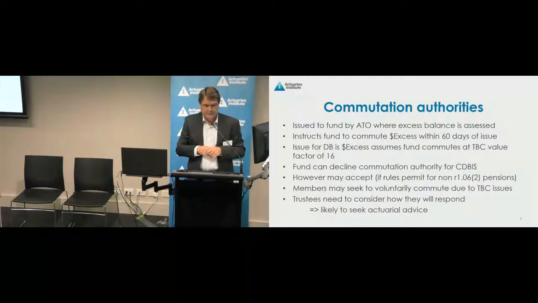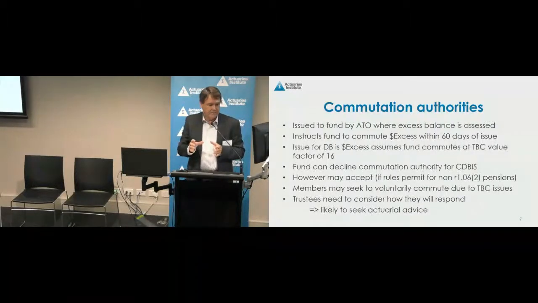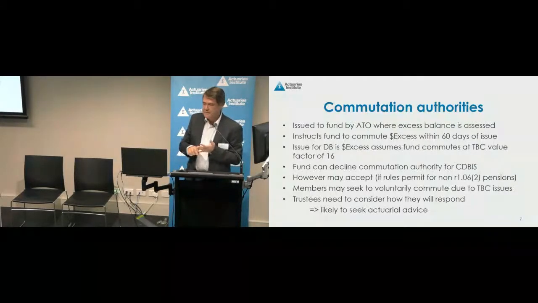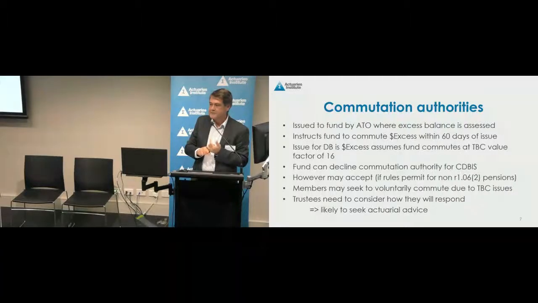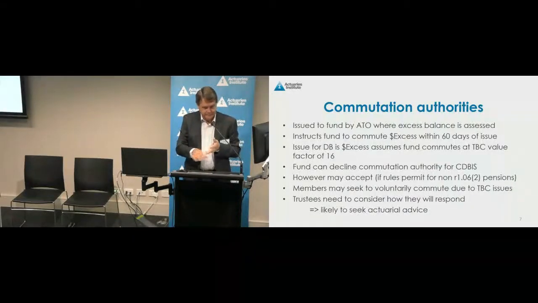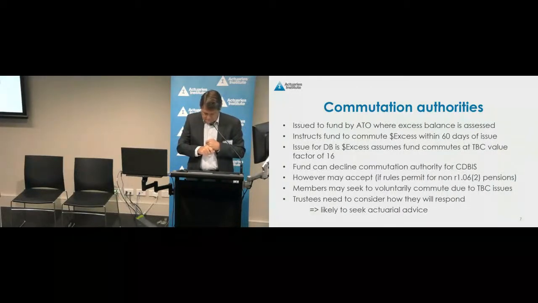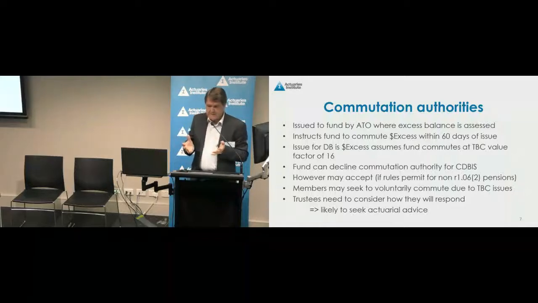But assuming that you wish to have all of your lifetime pension not commuted, if the fund gets an authority that says it's supposed to commute part of your pension, it can refuse that authority if it's refusing it only in the circumstances of the fact that we're talking about a capped DB income stream, or you're dead. It's a different set of rules. So the fund gets this authority.